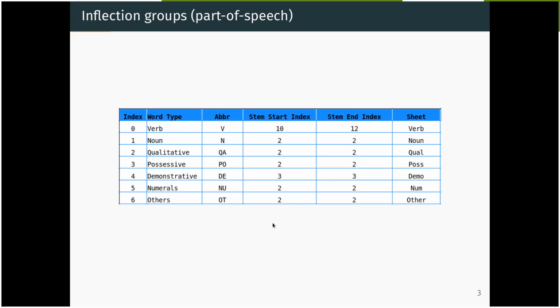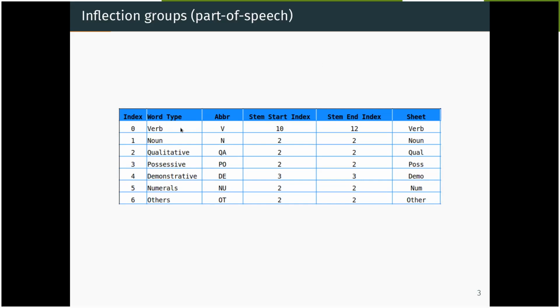So I identified seven types of inflectional groups. Inflectional groups means parts of speech that can be productive, so that can generate inflections.